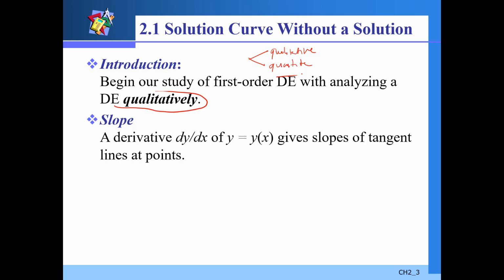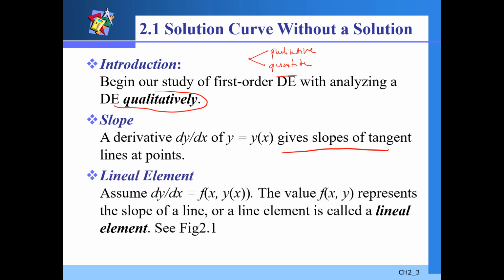So the first one: if we are looking at the ordinary differential equation, it means that we can determine the slope. So the derivative dy per dx is equal to a function f of x, y, which gives the slope of tangent lines at the point.